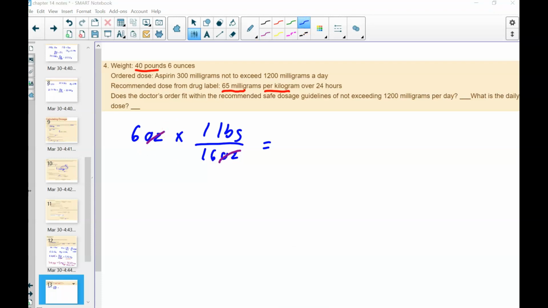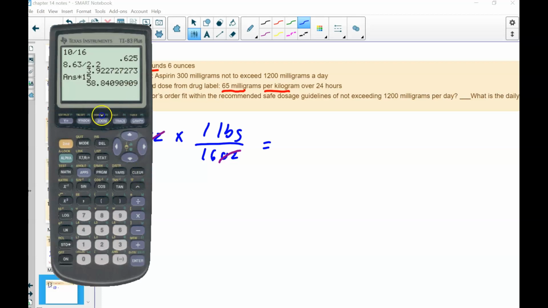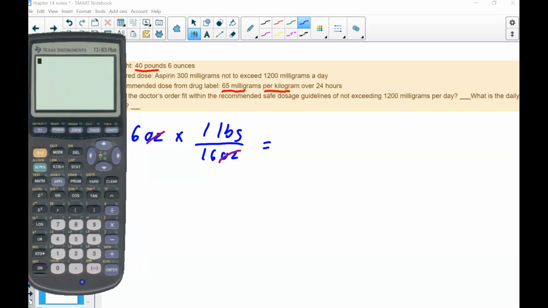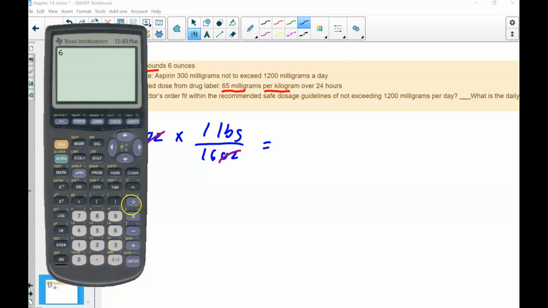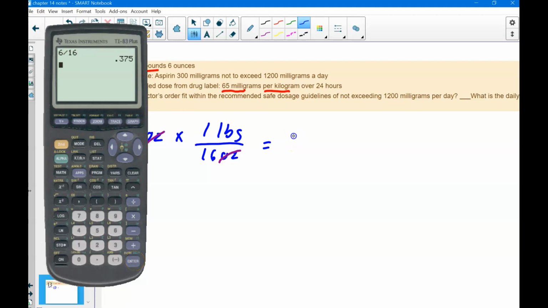And I have 6 divided by 16, and it's 0.375.